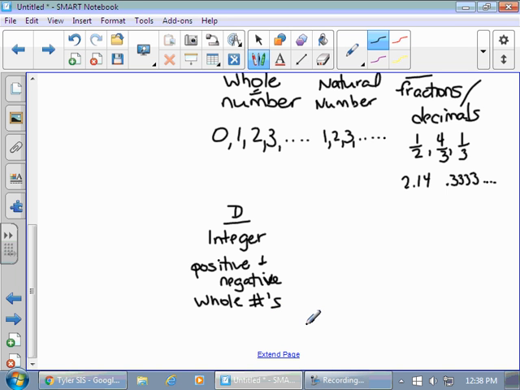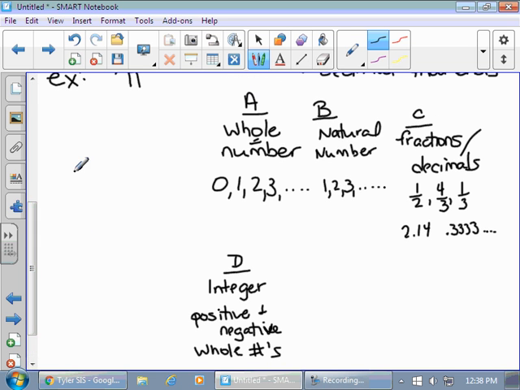Alright. I have a question. If I gave you the number, and I'm going to scroll this back up so you guys can see all that, if I gave you the number negative 16 over 4, what type? First of all, is it irrational or rational? Rational. So under rational, what type of number is it? Is it a whole number? No, because it has a negative out there, so we know it's not a whole number. Is it a natural number?